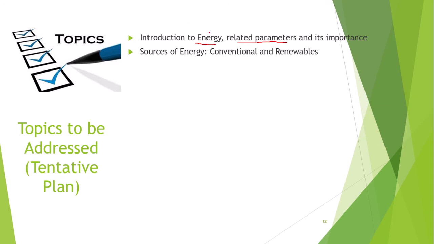What are the related parameters to energy, their units, etc., and its sources of energy, conventional and renewable. In conventional will be coal, nuclear, gas, thermal plants, then renewable. Then the alternate energy sources, for example, fuel cells, ocean thermal energy, geothermal, etc.